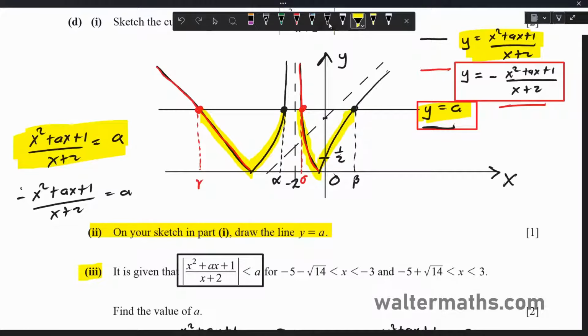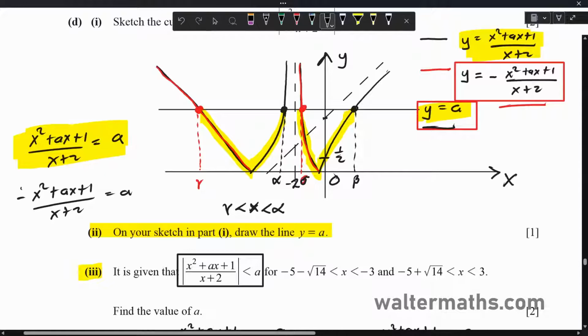Let's just use the letters, even though they're not in any good order. I have gamma, alpha, delta, beta. So the solutions are values of x that are between gamma and alpha, so from gamma to alpha.